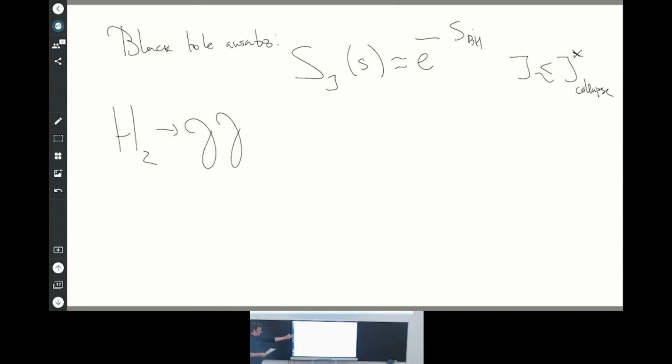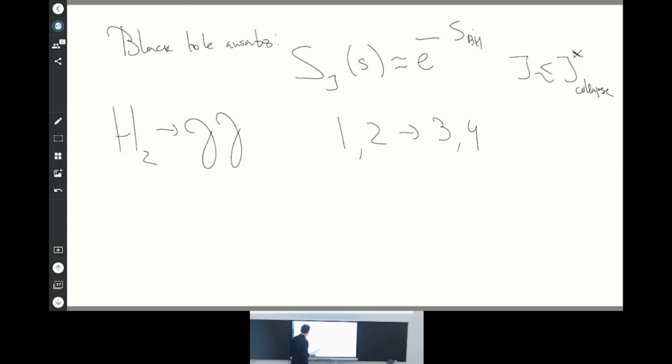Let me simplify this situation where I imagine 4 free scalars coupled to GR minimally, and I look at the amplitudes, 1, 2 going to 3, 4. And if you have 4 free scalars minimally coupled to GR, this is 0 to all orders in G Newton. So it only can go non-perturbatively. So can we estimate this amplitude using black holes?